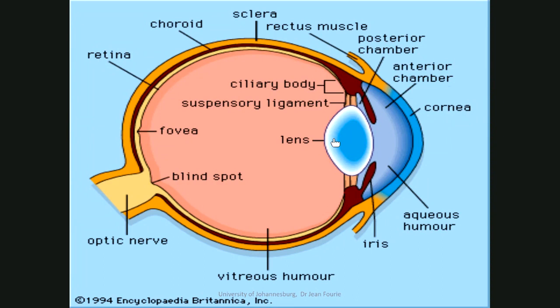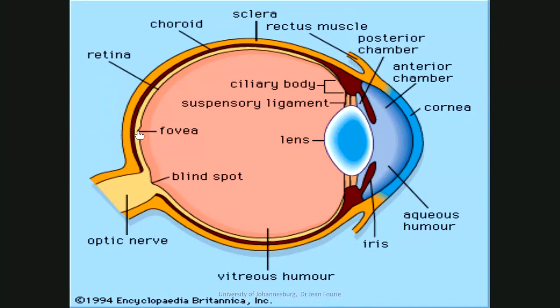refracts it. It focuses the light on the back part of the eye over here where all the sensory neurons are. So this is the retina, and the retina is the very important part of the eye because the retina, this fine layer of neurons over here, is where the neurons are ending, and that is the part that is receiving the light.